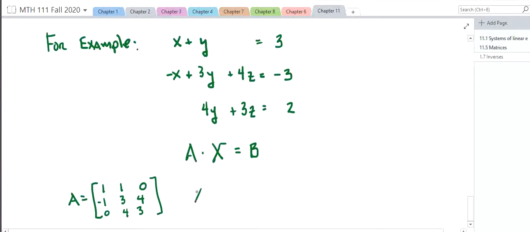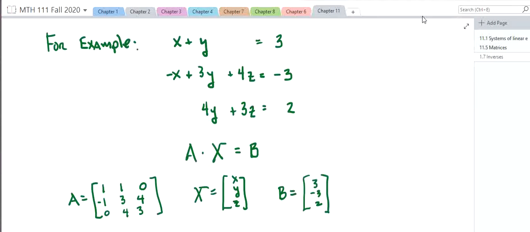For the X matrix, we have simply X, Y, and Z. Notice if you take A matrix times X matrix, you get these 3 equations. Finally, B equals 3, minus 3, and 2.